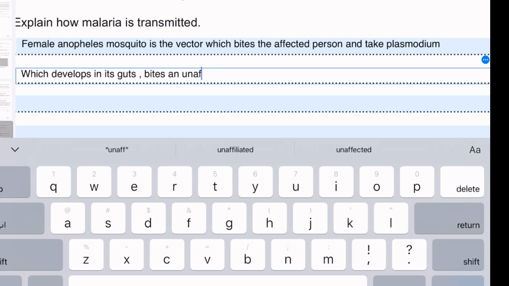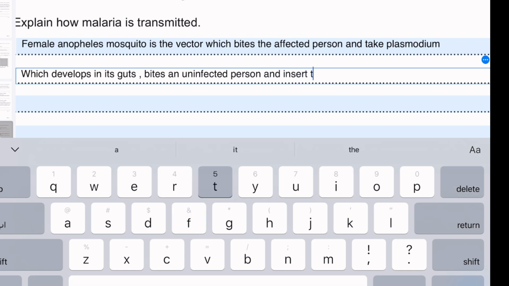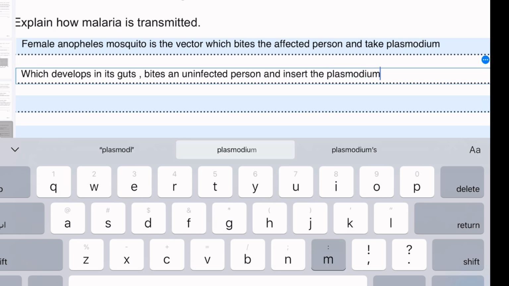Uninfected is a better word, actually. An uninfected person, and inserts the plasmodium, and that's it. Okay, so this is how malaria is transmitted.